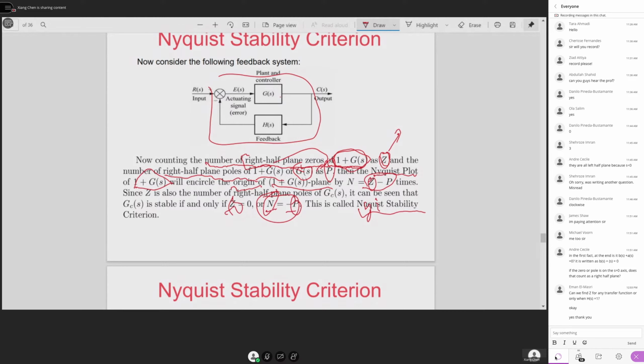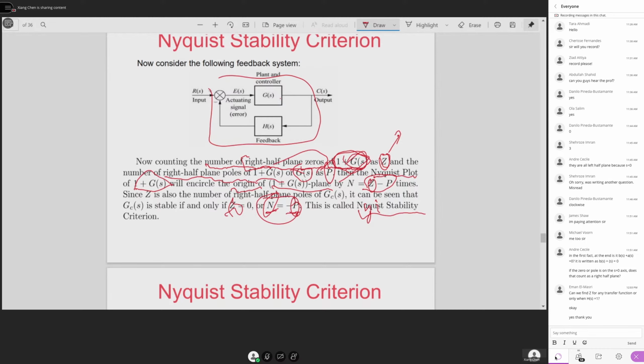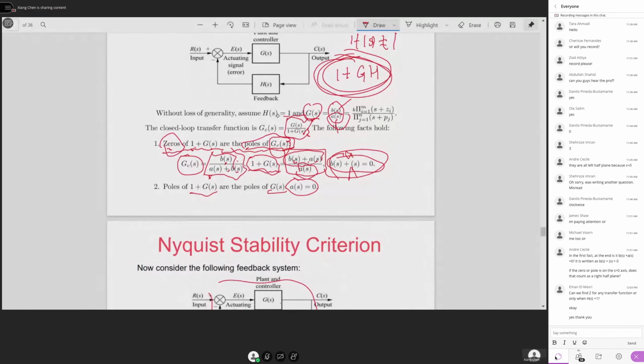Yeah, that's even simpler. Why? Because the P is the number of right-hand plane poles of G of S. Okay, right? So this information is also available if you know the transfer function model of G of S. So you can see both pieces of information you can actually get from the G of S, not the G sub C, not the closed loop. You don't need the closed loop transfer function. You don't even need to know what kind of closed loop transfer function it is going to be.